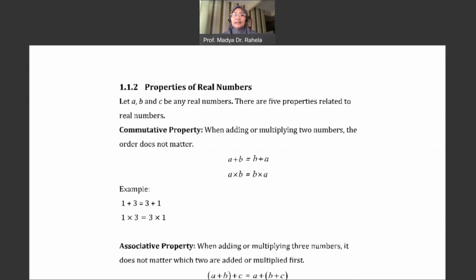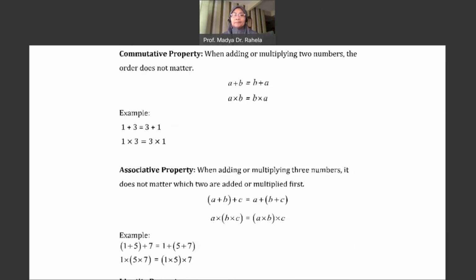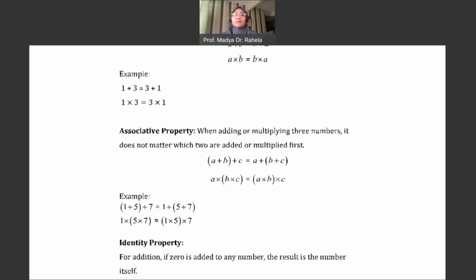Okay, next is the associative property. Let's say we have A, B, and C. We can add up any two numbers first and then add the third number. Also here, the sequence is not important. We can add up the first two numbers first, followed by the third number, or we can add up the last two numbers first and then add the first number.